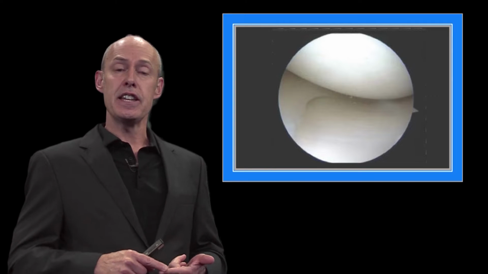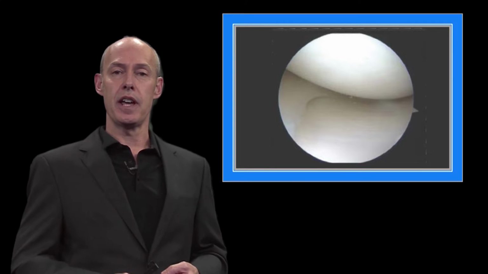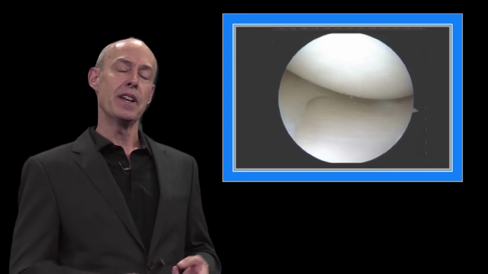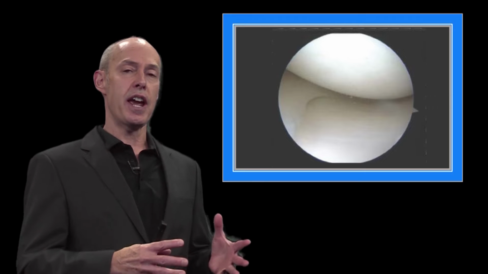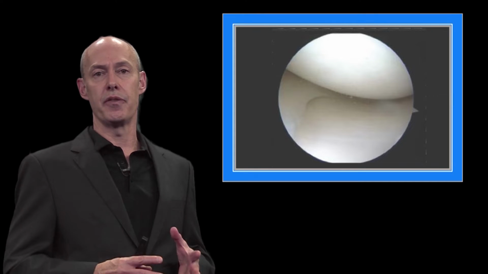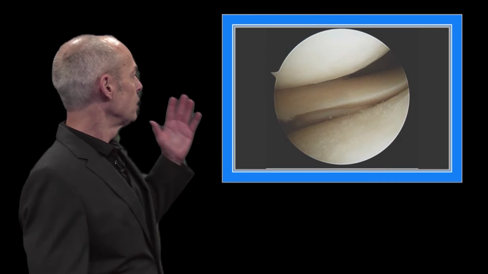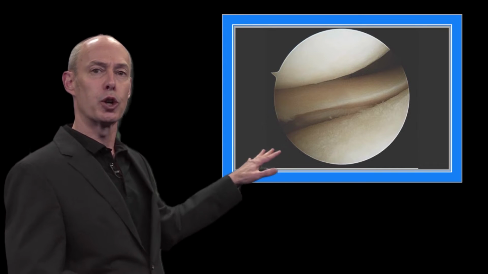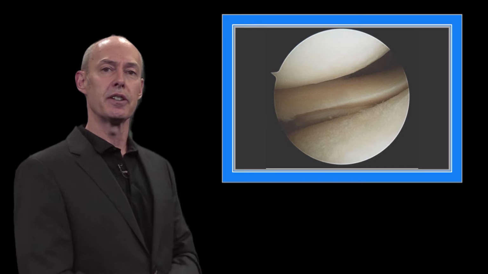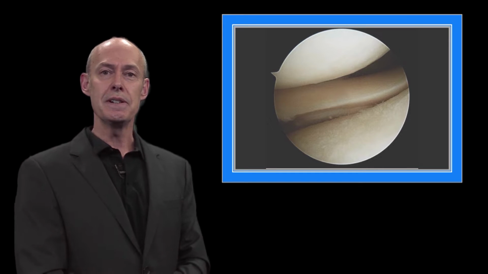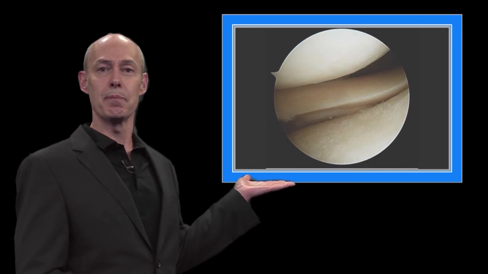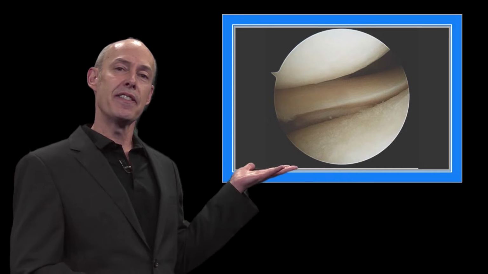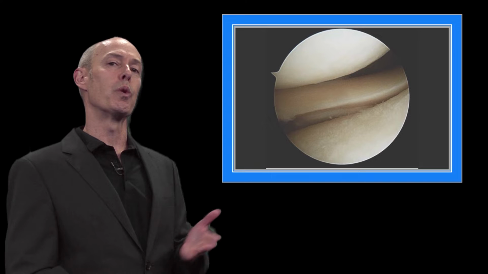After an injury or due to genetic predisposition or through the aging process, there is a change in the biology of the cartilage tissue. Looking here, can you see how there's early fraying, early breakdown starting to appear in the cartilage? This patient has no symptoms. This does not cause any pain, yet the destructive process is already underway.